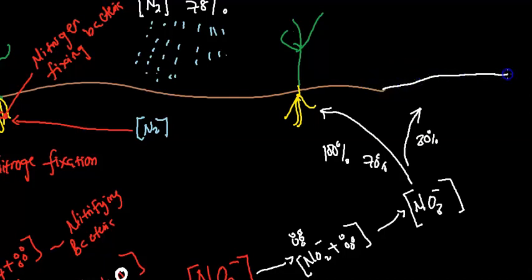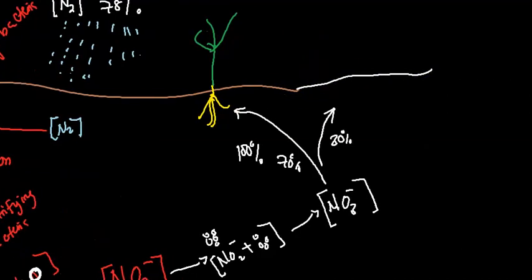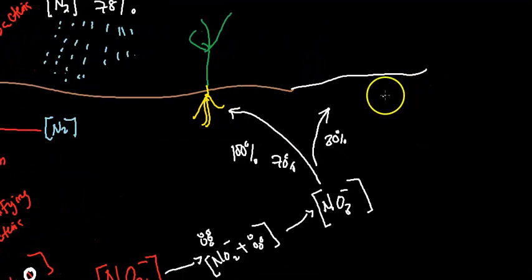Let's bring back our boundary. Here we have another group of bacteria, which we call denitrifying bacteria, or denitrification bacteria.